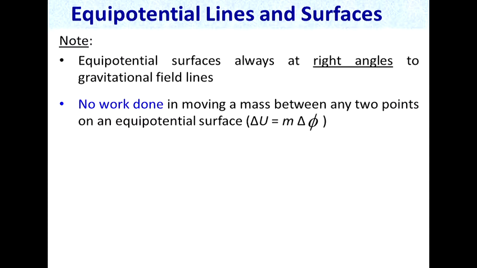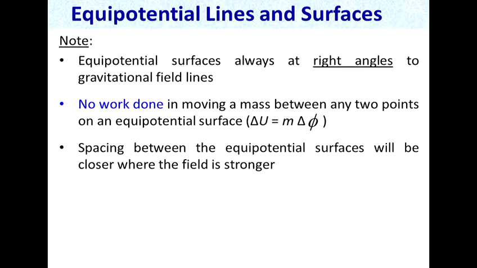The change in potential energy is mass times the change in potential, which is zero because it's an equipotential surface. So there is zero change in GPE, no work done. The spacing between the surfaces will be closer where the field is stronger.